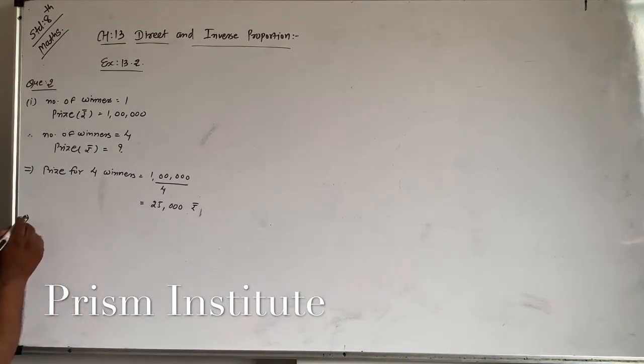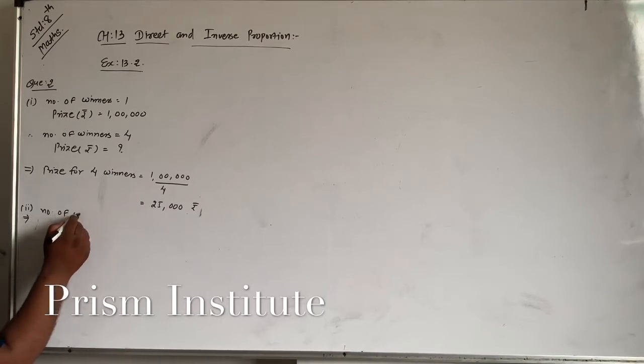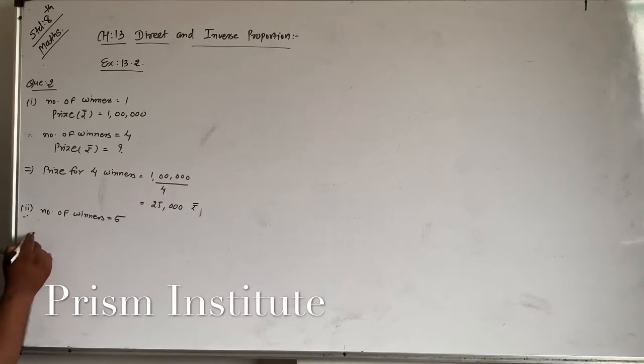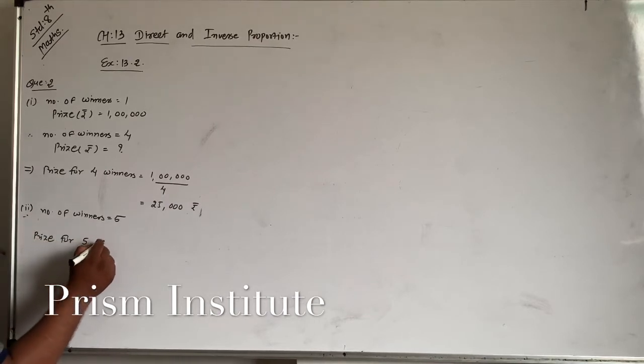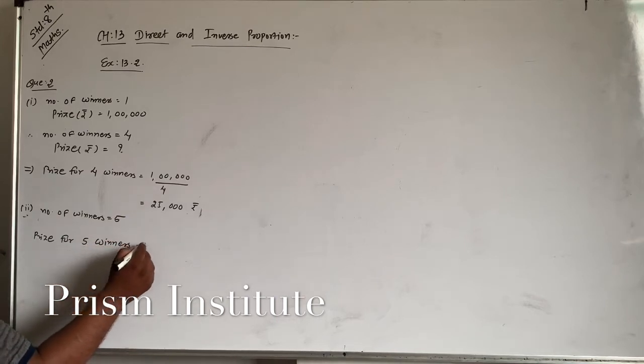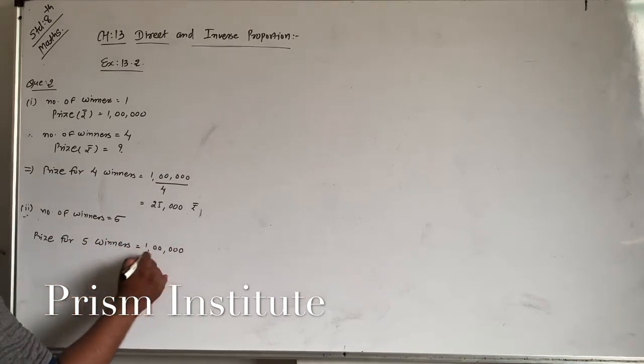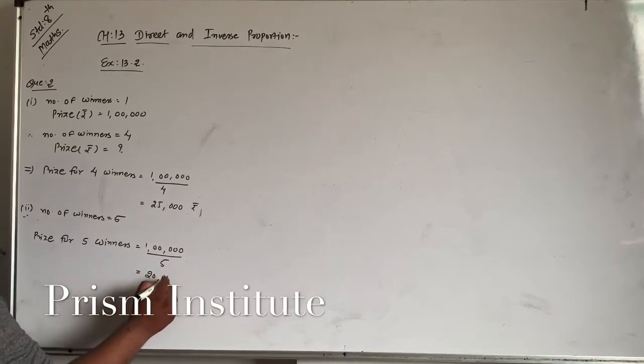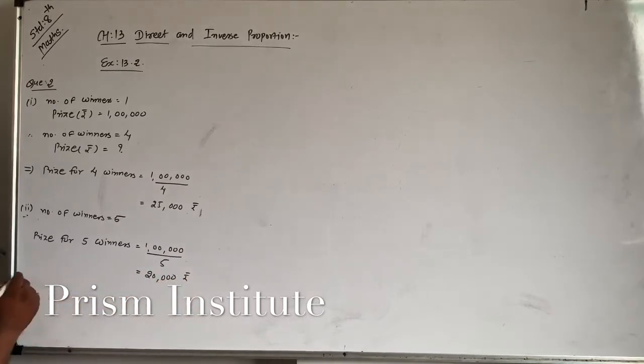Now in the second case, the number of winners equals 5. So prize for 5 winners equals 1 lakh divided by 5, that is 20,000 rupees.